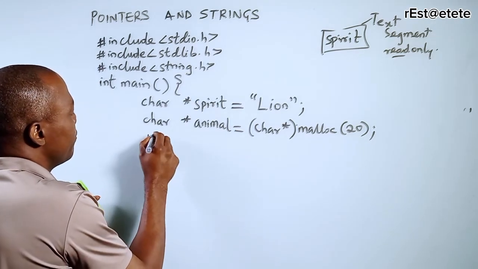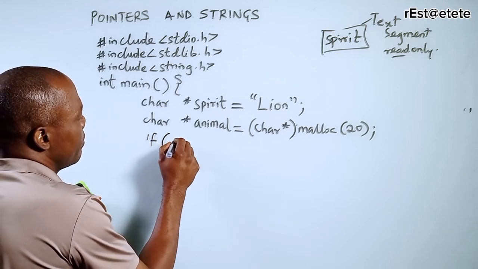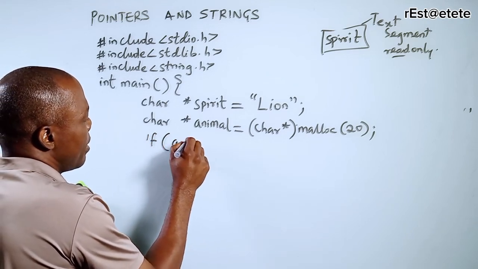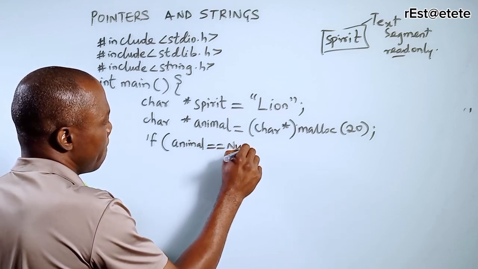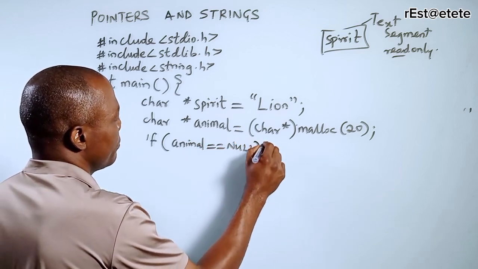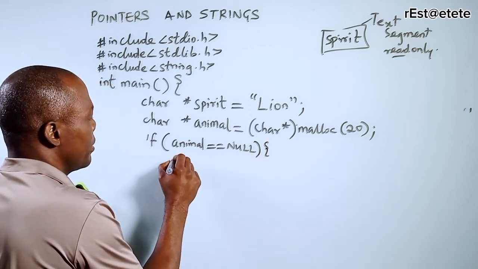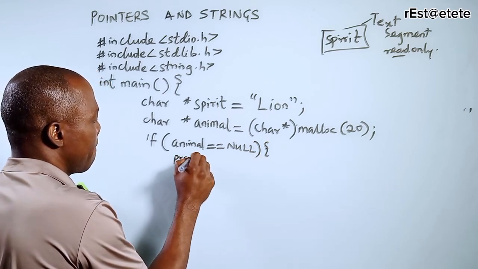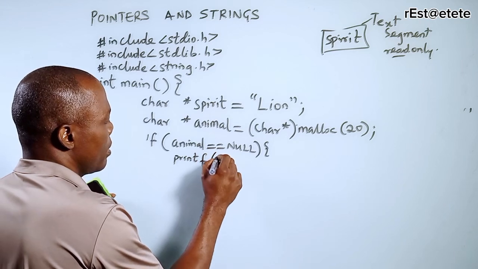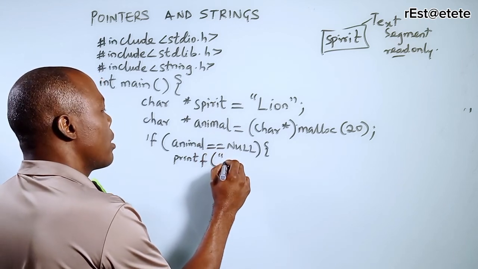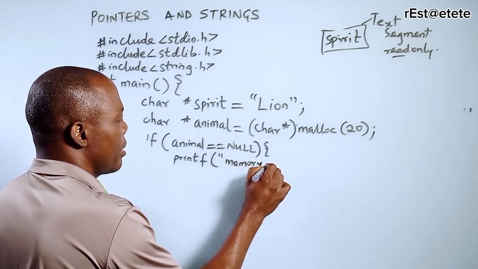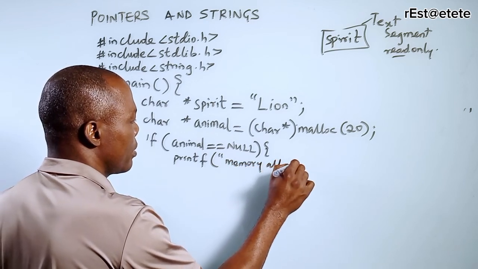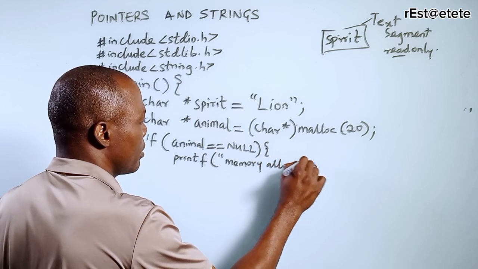So I'll test if animal equals to null, printf memory allocation failed.